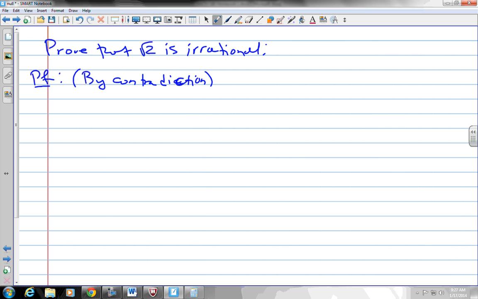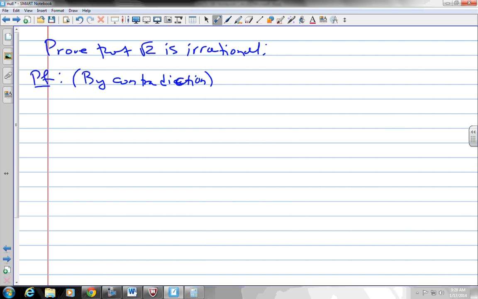So remember how the contradiction works. You assume the opposite, because a real number can either be rational or irrational. There's no third option. That's the nice part. Because really the set of all real numbers is just all rationals with irrationals glued together. That's the set of real numbers.